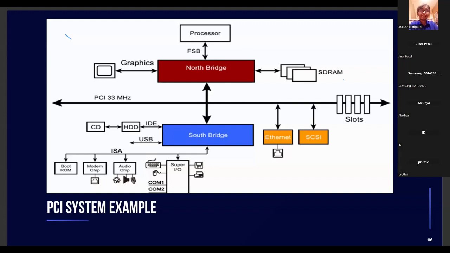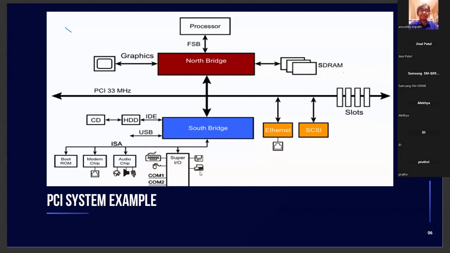So is this North Bridge and South Bridge like an interface between PCI and the processor? If you go deeper, we might see in the next slide, they have something called layers: physical layer, data link layer, TLP, then your application layer. The application layer always sits on the memory element.